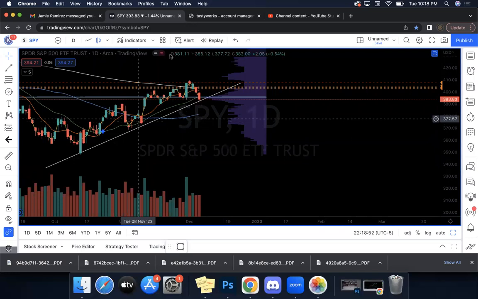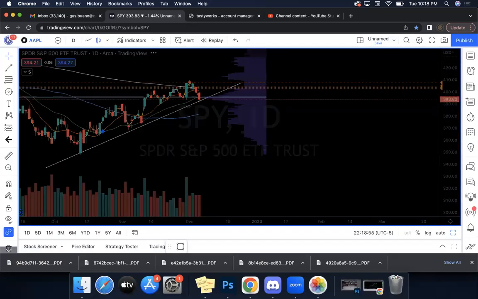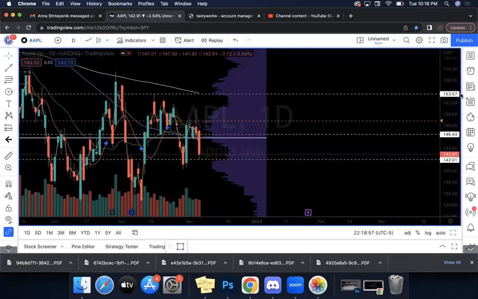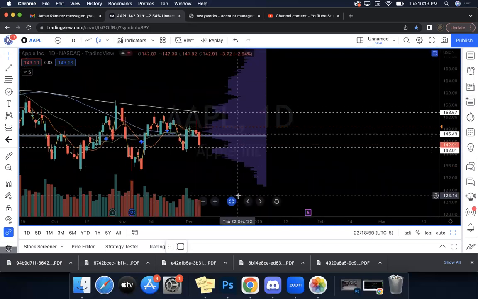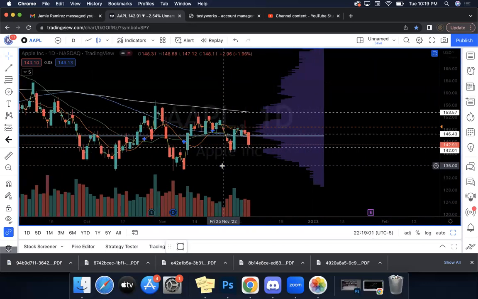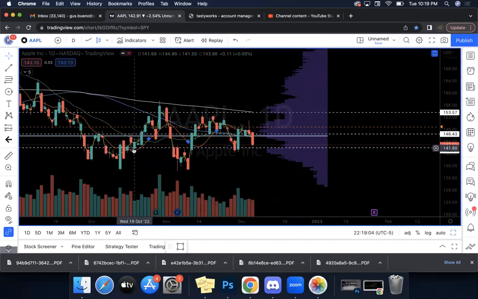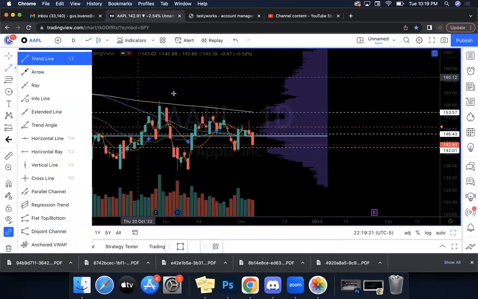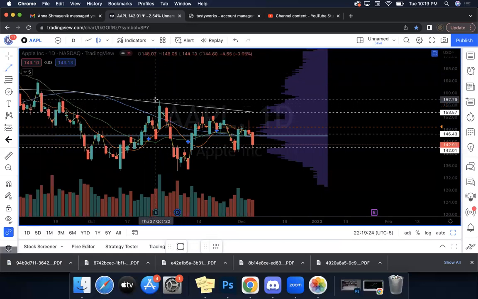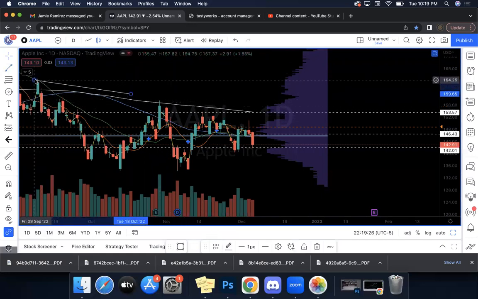Let me see if I'll do one more for you guys. Let's see if I can find one like the opposite side. Yeah, look, you could do Apple like this if you want. Whenever Apple decides to break here, let's see what happens.